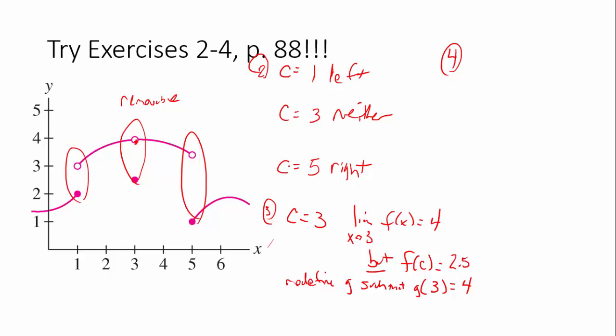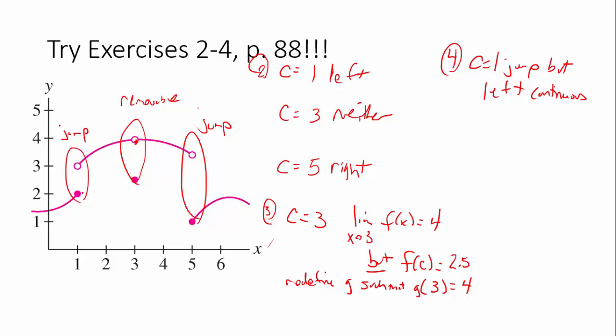Well, we have our jumps here at 5 and here at 1. So we have to ask ourselves which one was left continuous. And from exercise 2, we know that's at c equals 1. We have a jump, but it's left continuous. Now, how would we make this right continuous?